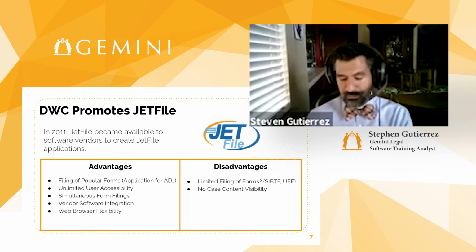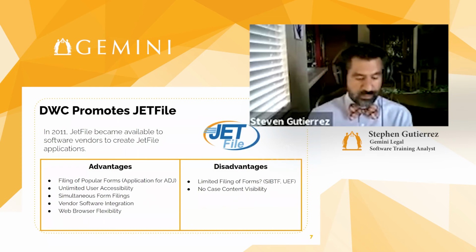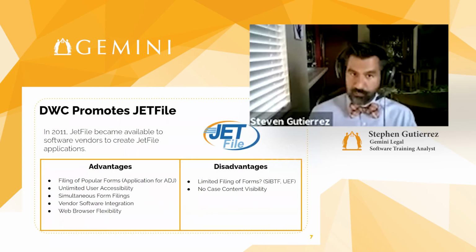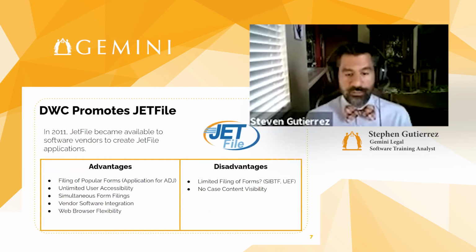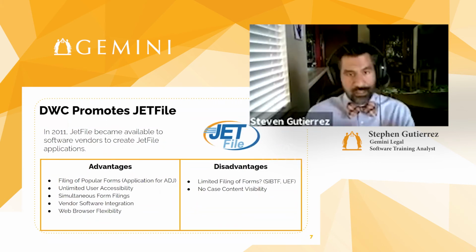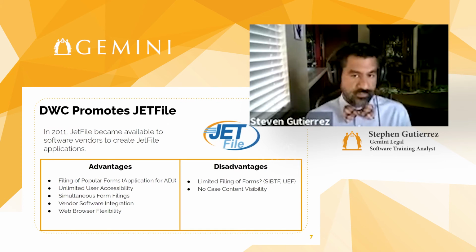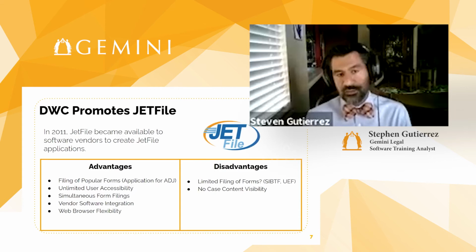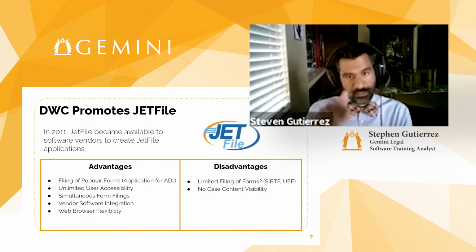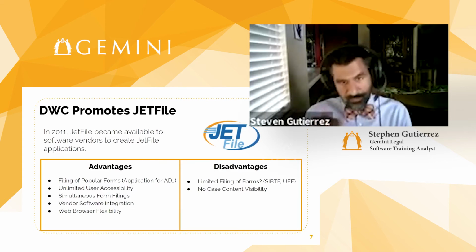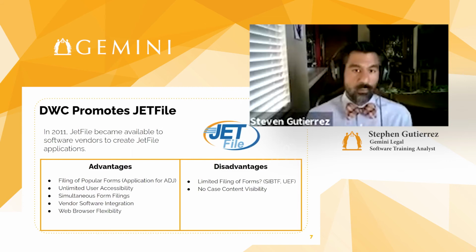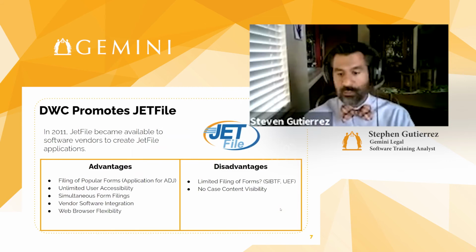And then there's no case visibility, which is one of the number one reasons that you would use an eForms account, to see the entirety of the container. A Jetfile system is a submission-only product. It doesn't allow you to peek into the container, look inside the windows, and see what is there. It's only what you submit.